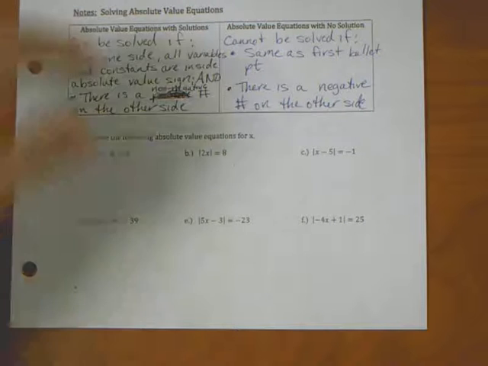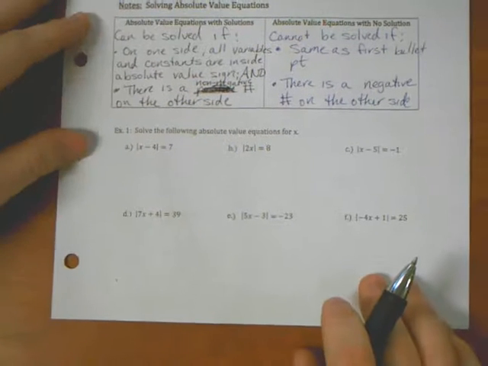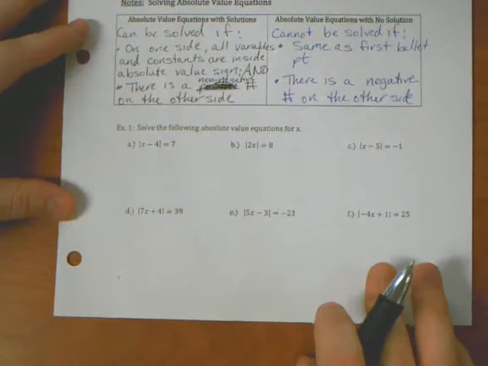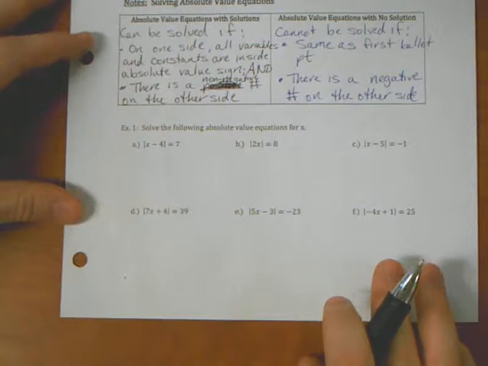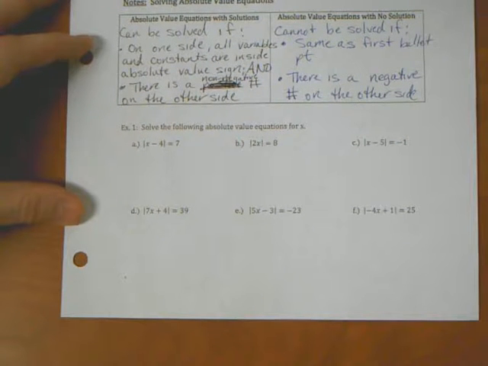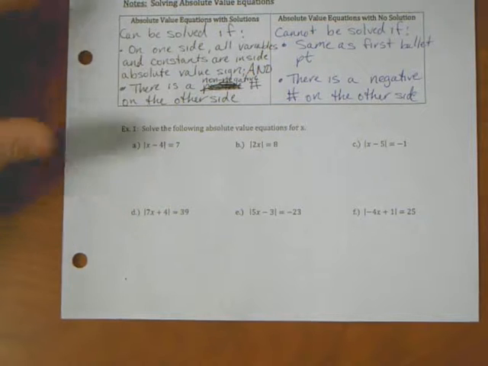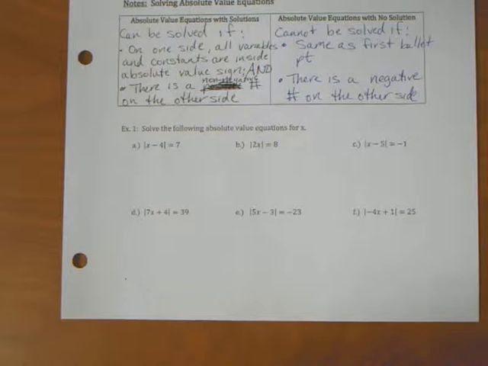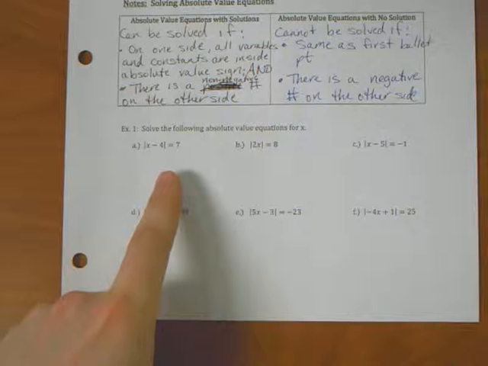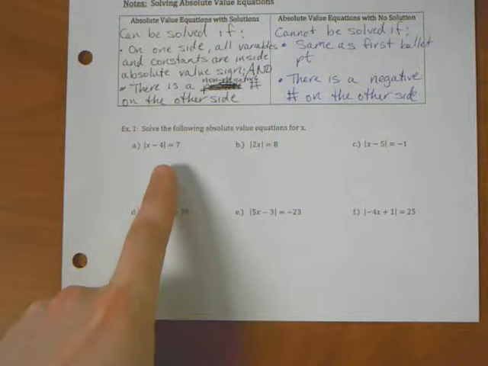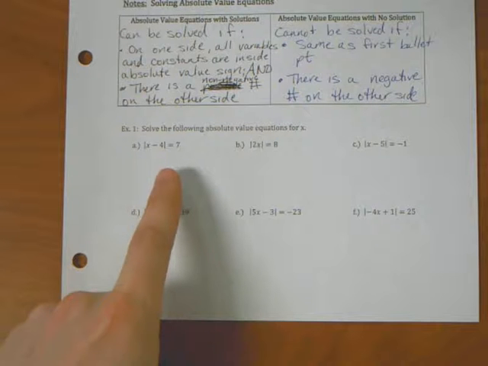I'm going to walk you through letter A here, and maybe letter B. And then you guys are free as well. So, the first step here when we're solving absolute value equations is, at least from the outset, we need to figure out if this can be solved. This one can be solved.